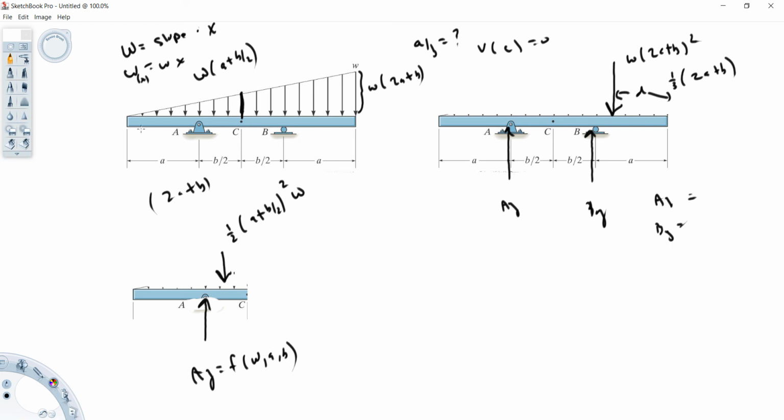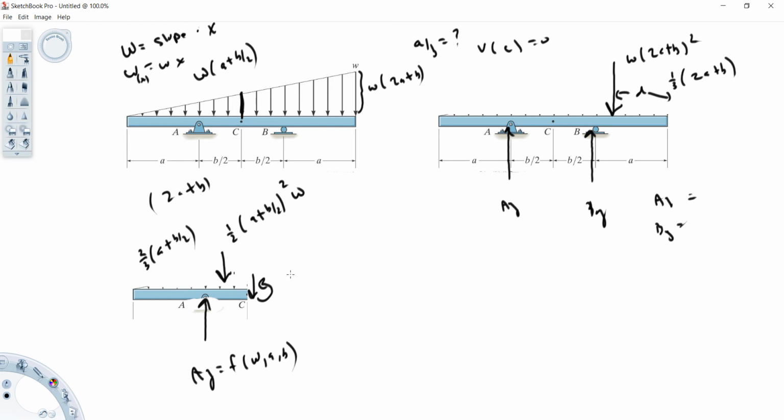And it's going to be applied 1/3 from the end, or we could say 2/3 from this end. I'm going to do it that way. 2/3 times, pardon me there, my phone, the distance from here to here, which is a plus b over 2. Okay, internal shear, moment, and there's no normal.